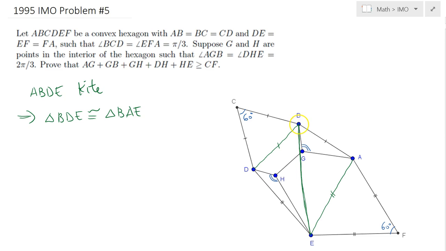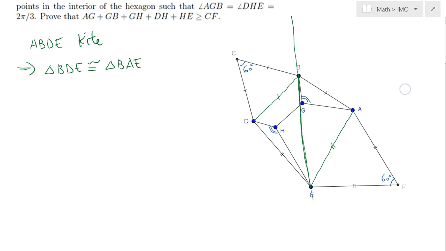From now on, I will consider BE as my axis of symmetry, and I will do a couple of reflections across this axis of symmetry. First of all, I will reflect C across BE. So this distance here will be equal to that distance, so that's the point C prime.